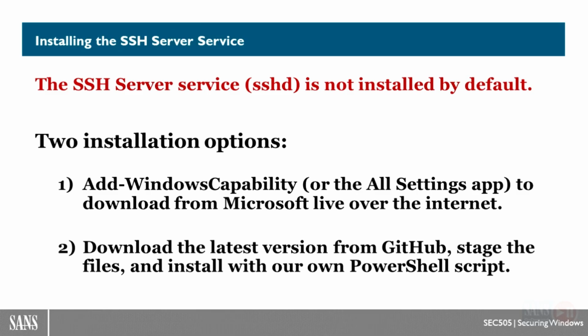Now, what about the server side? This is what you are connecting to. This is the target. The SSH server service is named sshd because the binary on the drive is sshd.exe.